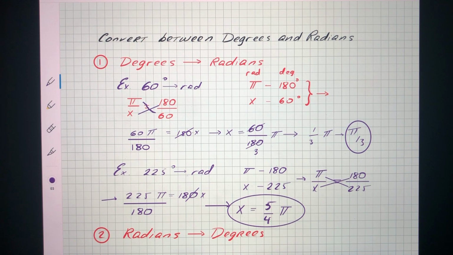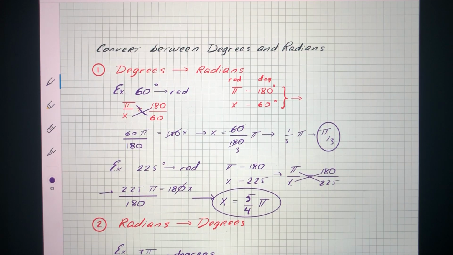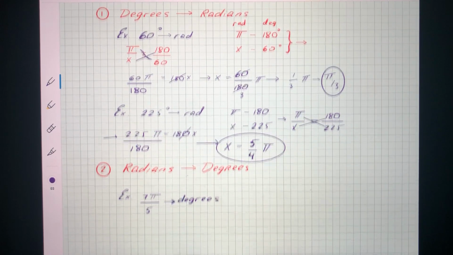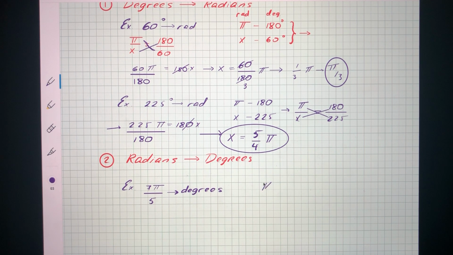Now, to convert from radians to degrees, we use once again the same fact that pi is 180 degrees. All we need to do is replace each pi with 180 degrees and we'll be done. So here we have 7 pi, which is 180, divided by 5, and all of this goes into our calculator and we will know the answer.